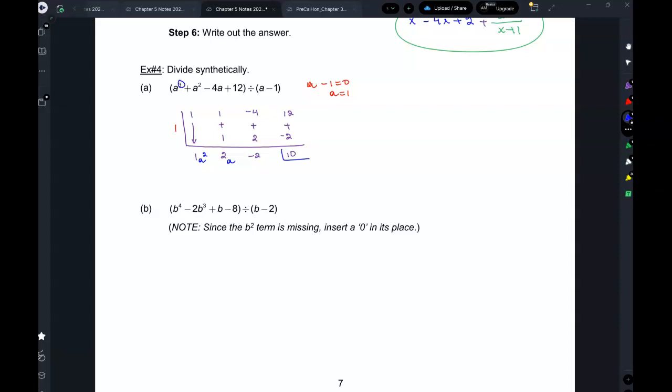Of course it makes sense. It's math, right? Okay, so here we have 1a squared plus 2a minus 2 plus what over what now? 10 over a minus 1.